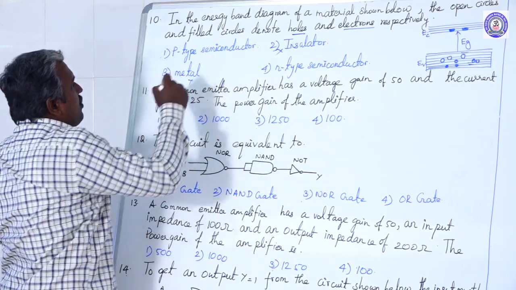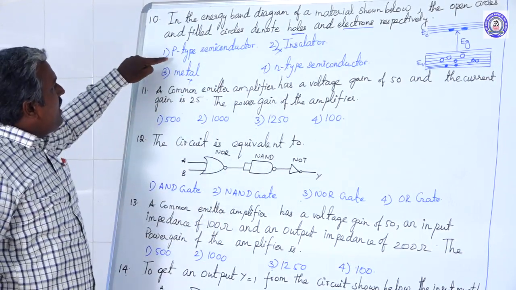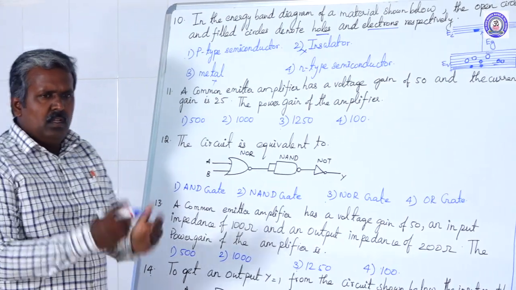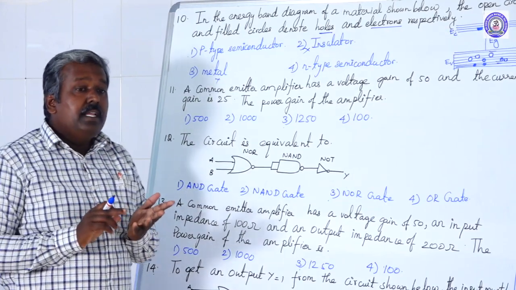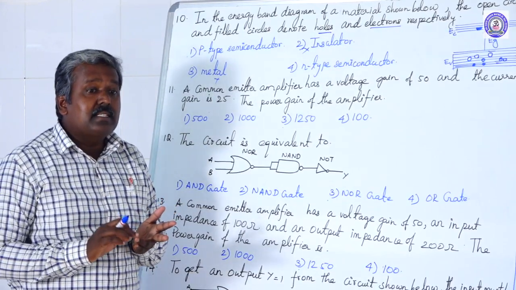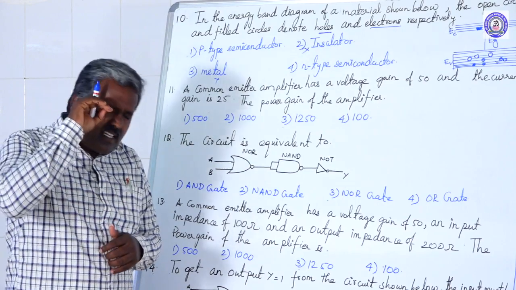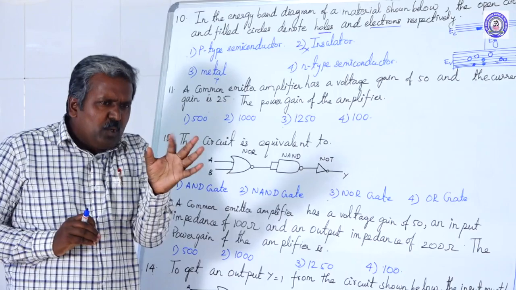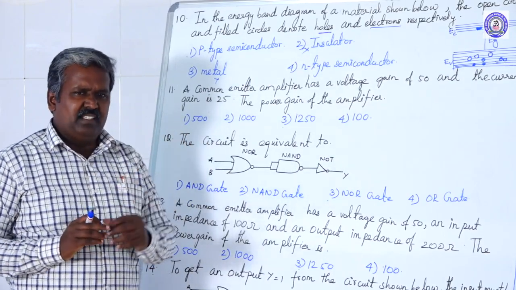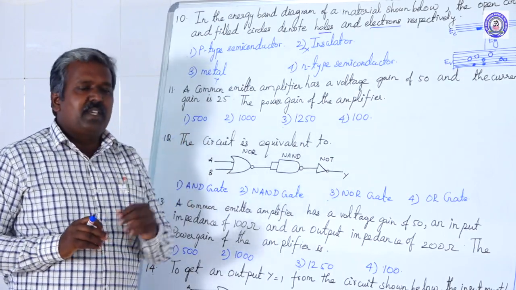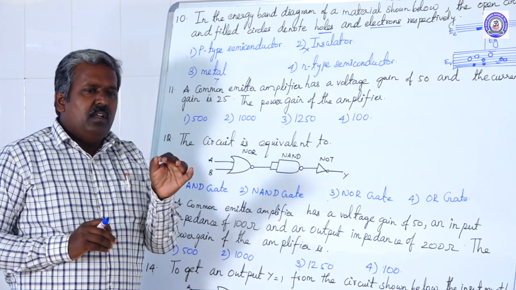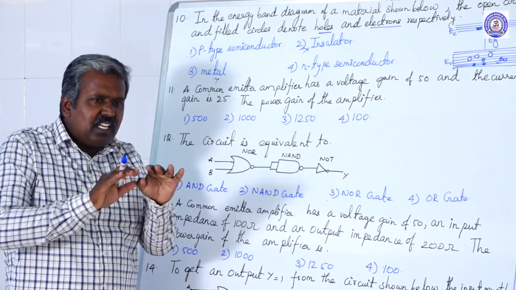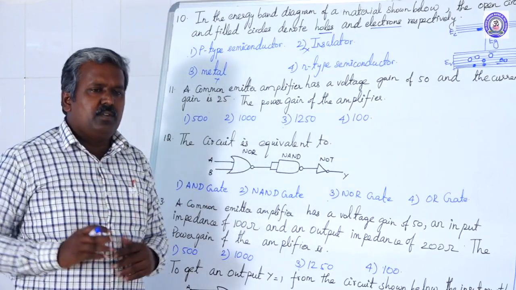Insulator and metal, leave it, no problem. Now, whether P-type or N-type, how do you find out? There are two cases, intrinsic semiconductor and extrinsic semiconductor. What is an intrinsic semiconductor? Only pure, no impurity, like milk. So in an intrinsic semiconductor, for example pure germanium and silicon, there is no impurity, only pure.